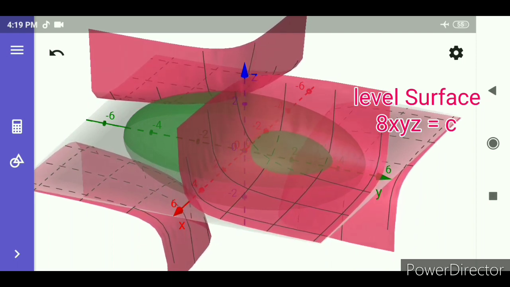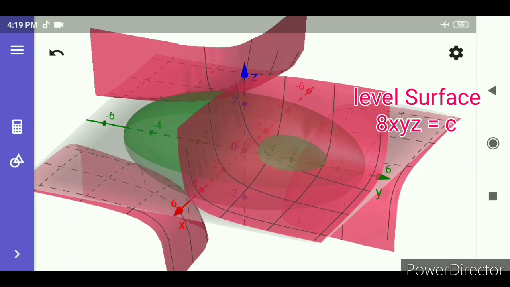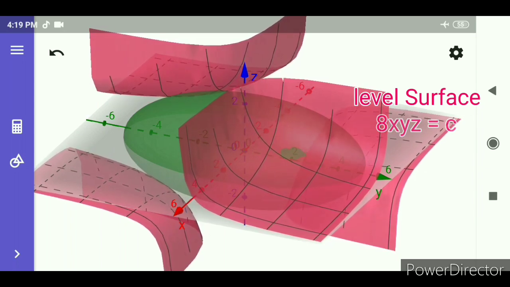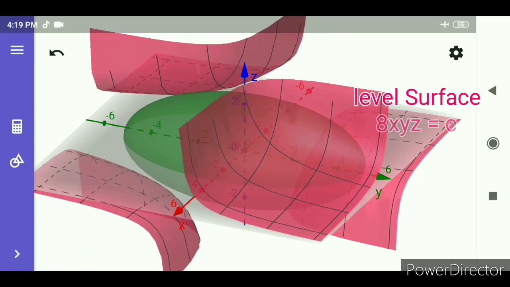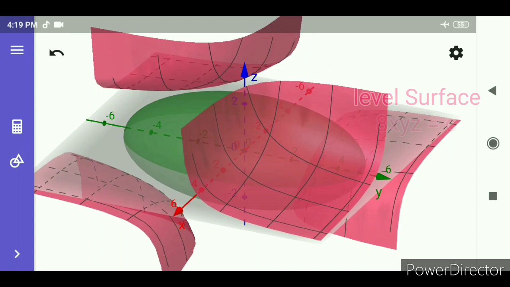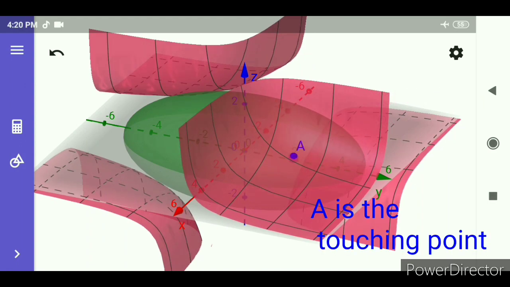Then the level surface is moving away from the origin and at a certain time it will leave the ellipsoid. Let A be the touching point when the level surface leaves the ellipsoid.